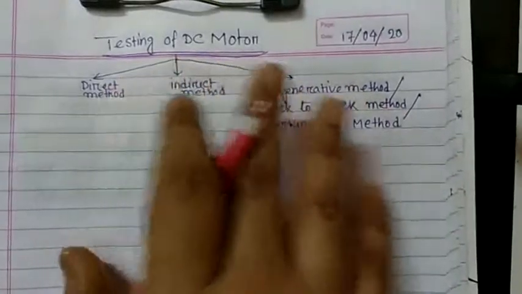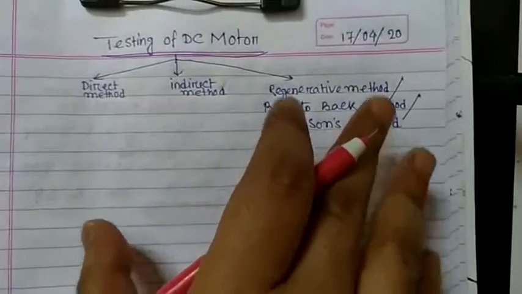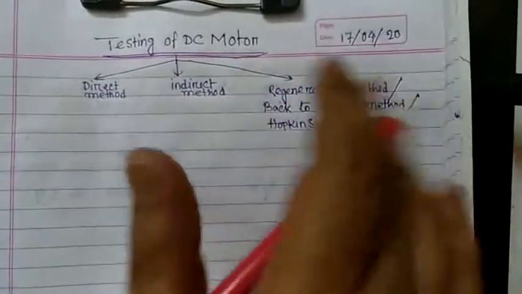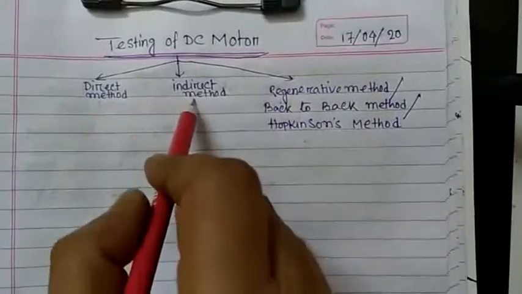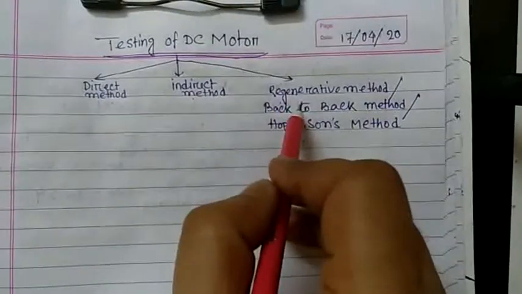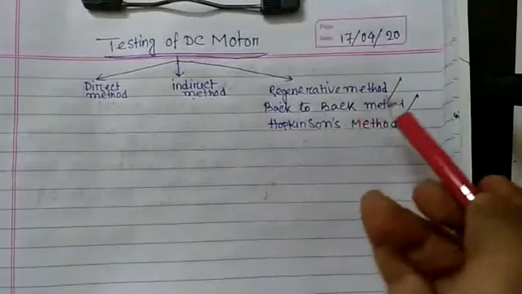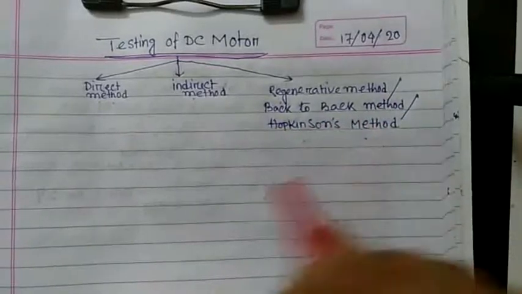So these are the three methods for testing of DC machines, that is direct method, indirect method, regenerative method or back to back method or Hopkinson method.